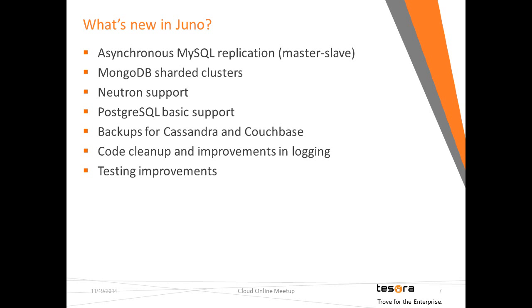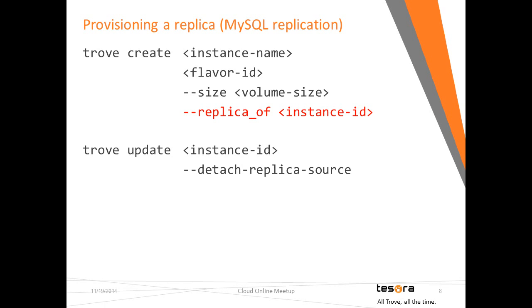Those are kind of the trends which you're seeing. But in terms of use cases, Icehouse was good for dev test use cases. Juno is already good for production use cases. And as I mentioned before, Trove is already in production at a couple of places. So let's take a slightly deeper look at how some of this works.